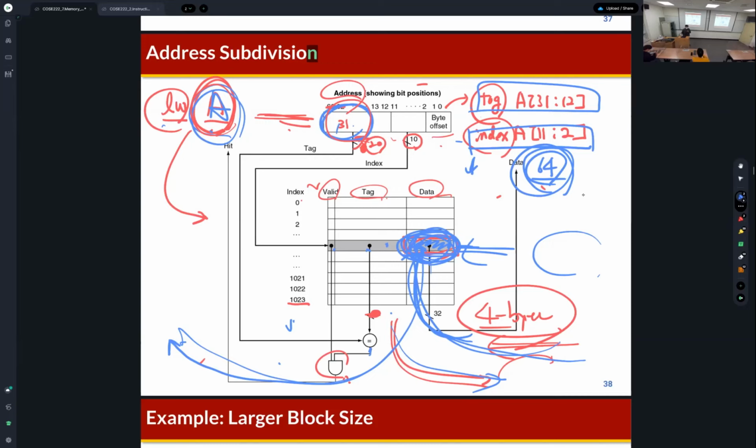I said the cache size is the same, 4 kilobytes, but the direct mapped cache stores only 1 block per set. So this direct mapped cache includes 1024 sets, and each set includes only 1 data block.